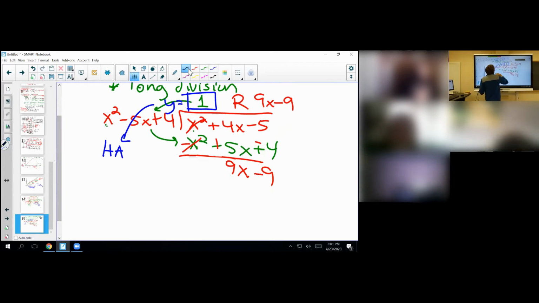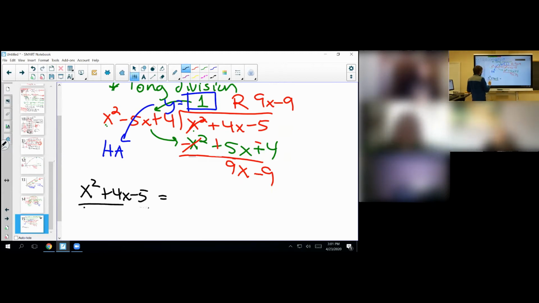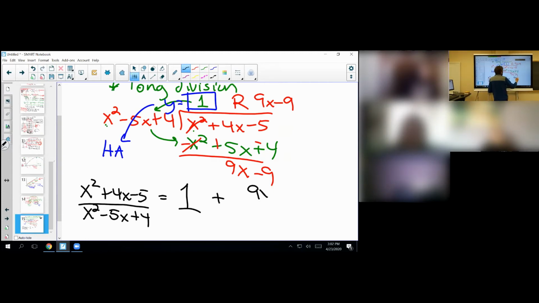And how they would write this is x squared plus 4x minus 5, so this whole rational expression is equal to 1, when you divide that, plus 9x minus 9 over x squared plus 4x minus 5.